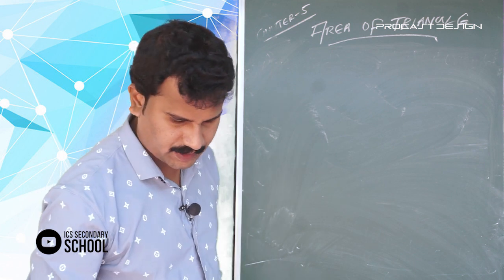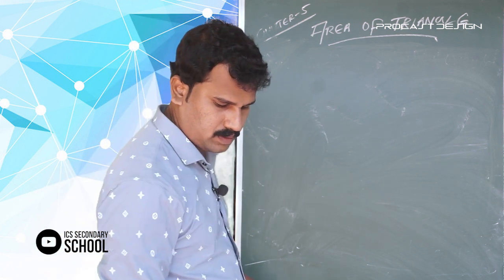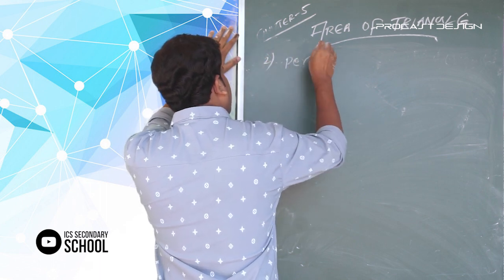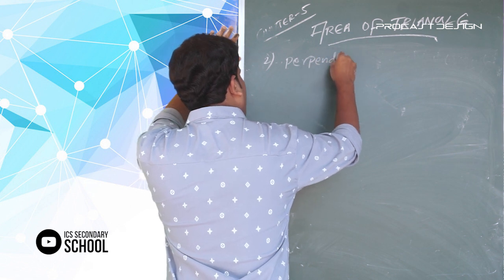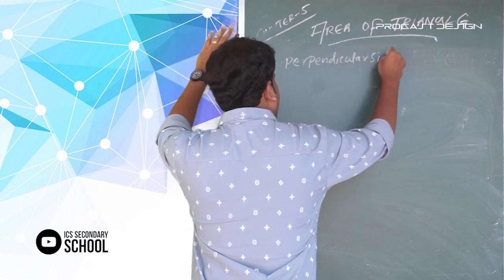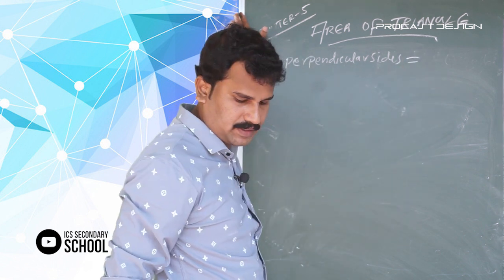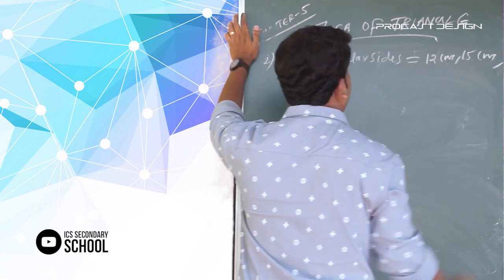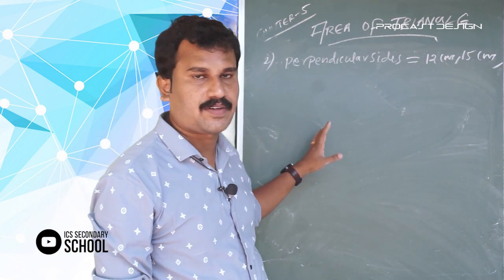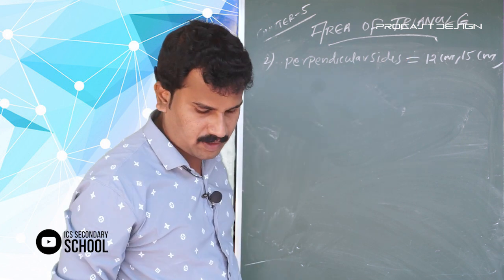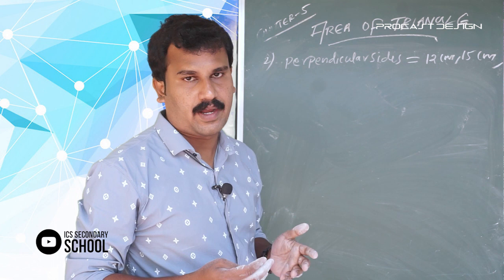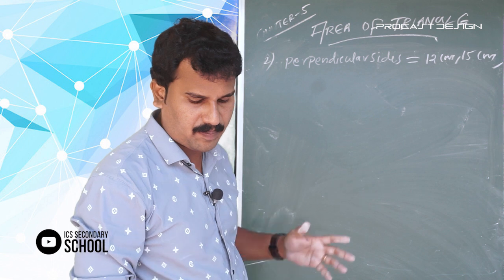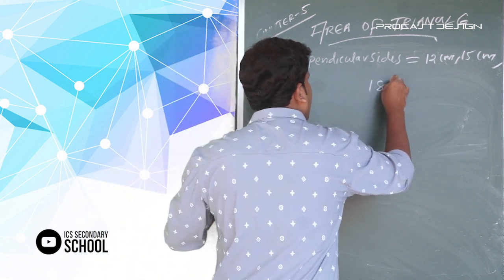Next question. The perpendicular sides of a right angle triangle are 12 centimeter and 15 centimeter long.